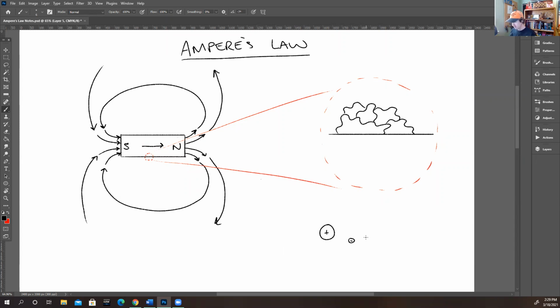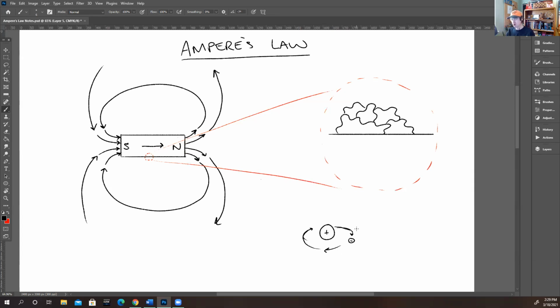But we can measure that there's an averaging direction that it goes. It goes that way, loops around, and comes back like that. It's making this loop.